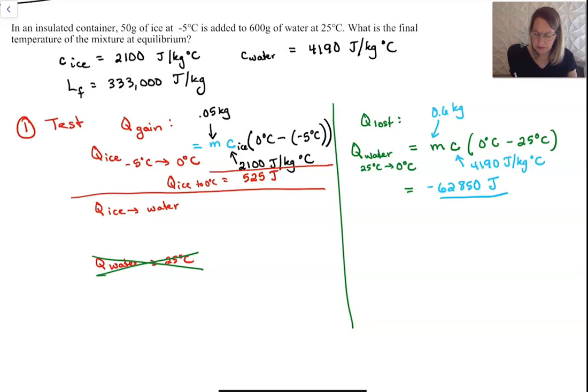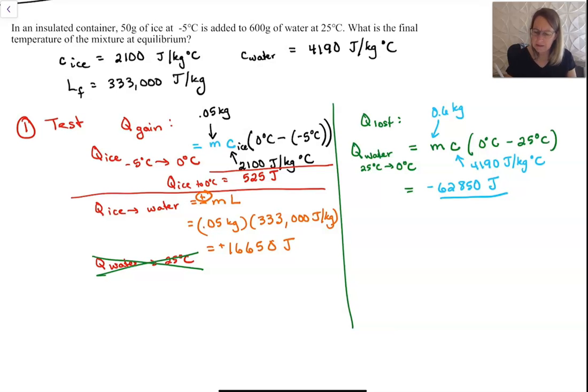And then to make the transition from ice to water, that's going to be M times my L. Remember, we have our plus or minus. In this case, we take the plus because that's heat that's absorbed. So this is 0.05 kilograms times 333,000 joules per kilogram, which is 16,650 joules, a positive number.